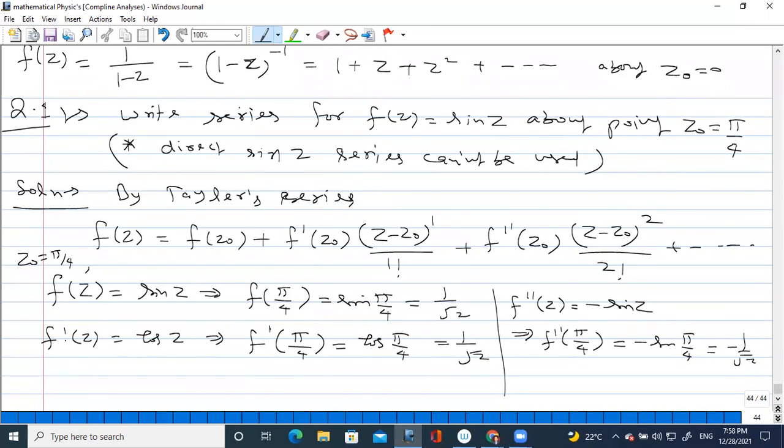Okay, so the series will be f(z) equals sin z about that point.